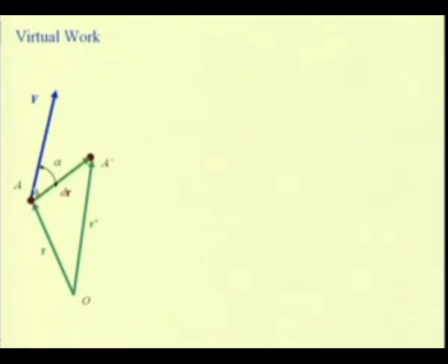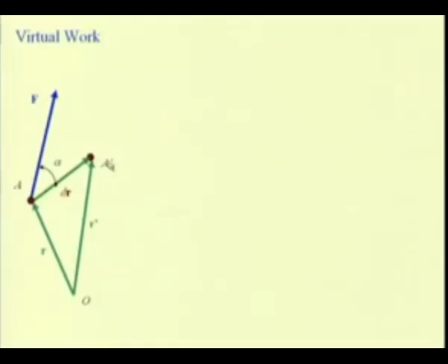Say, after a small interval of time dt, the position of this particle A moves to a new position A prime, and the new position vector is, say, r prime, and the vector dr gives the displacement vector for this small interval of time dt.